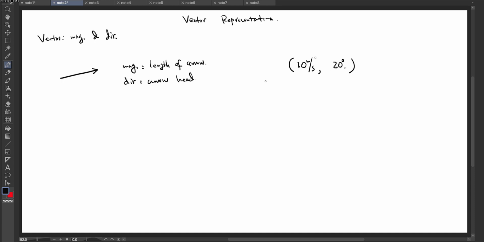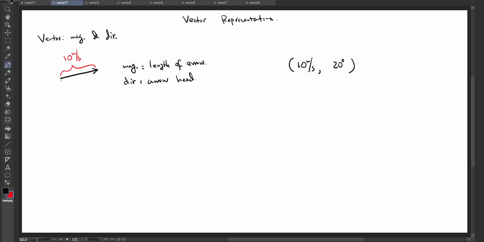But we need to define these 20 degrees. 10 meters per second for the magnitude is easier to understand. We can say the total length here, that is 10 meters per second, represents the number 10. But how about this angle? When we talk about angle, we need some reference direction. So here's the reference direction.